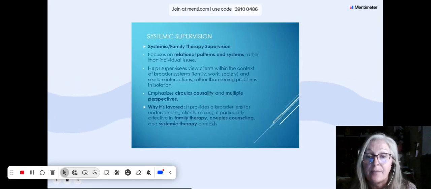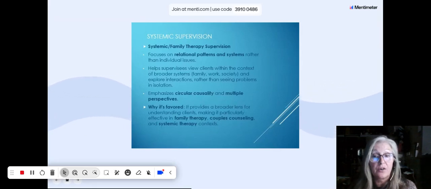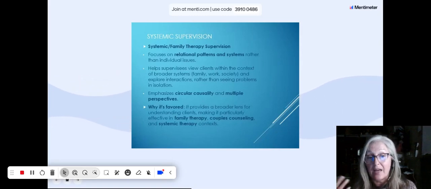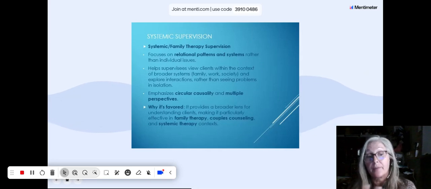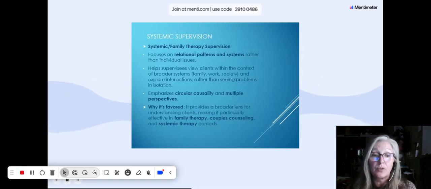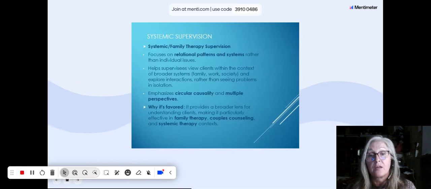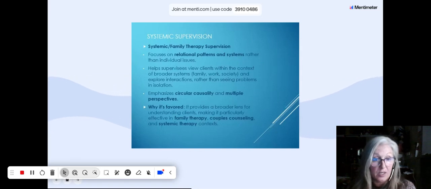The next one is systemic. One of the big differences here is, like how feminist theory focused a lot on external factors, systemic will too. It'll be more of a focus on family and relationships, couples. It'll be used more in that, but there's always going to be this feel around it of all the connections that person has, those relationships, and how that impacts them.